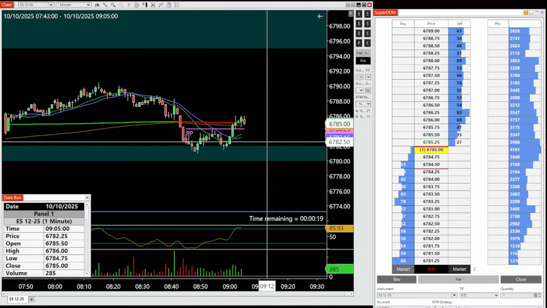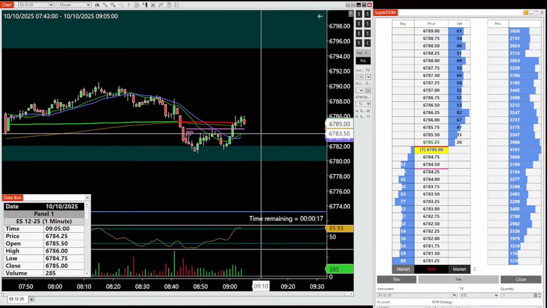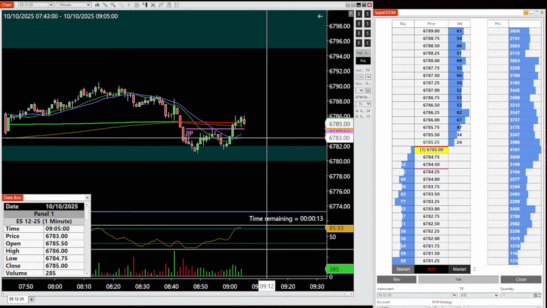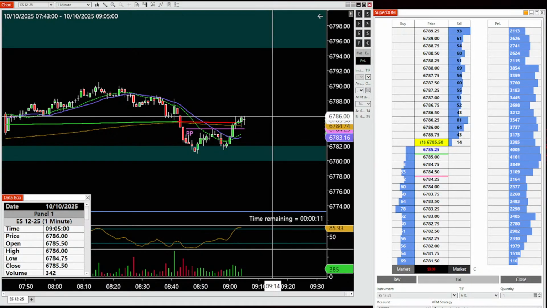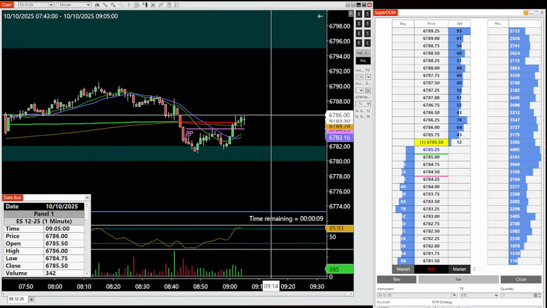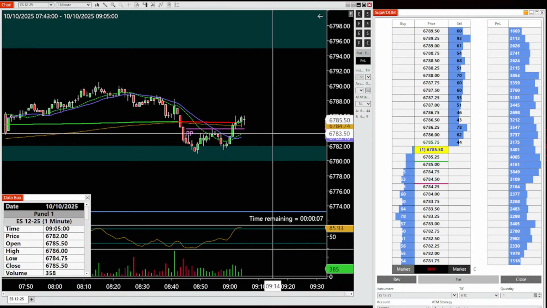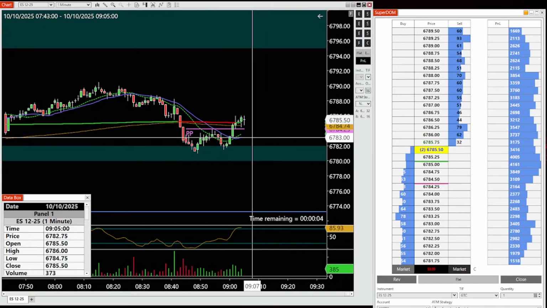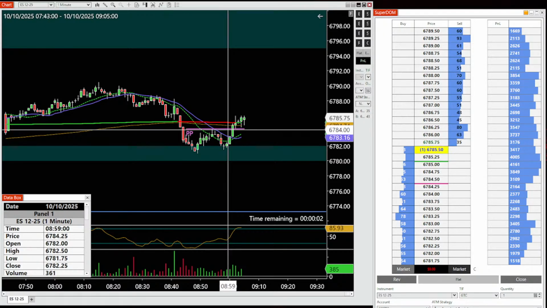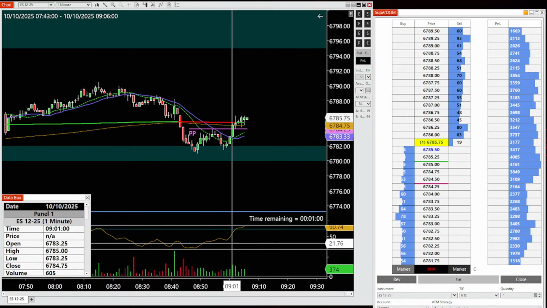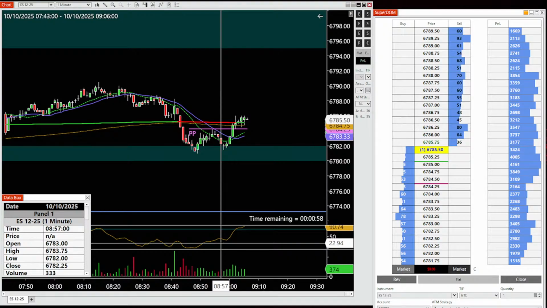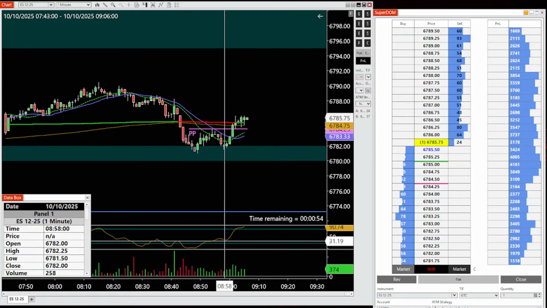Over and under VWAP. 82 to 84. Came on with 86. 82, 86. That would have been a 4-point move, but pardon me. Let's see where we go.